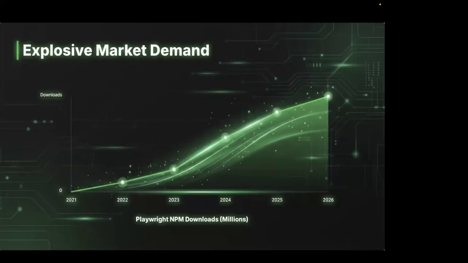So the market demand for Playwright has increased multifold, and there is this Playwright competitor called Cypress, and in the last 3 years, the use of Cypress has drastically gone down just because of people using Playwright.